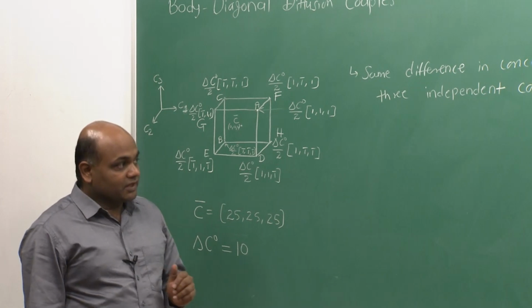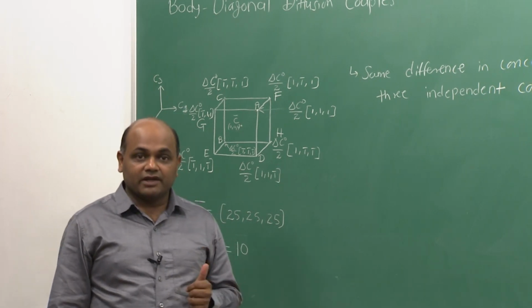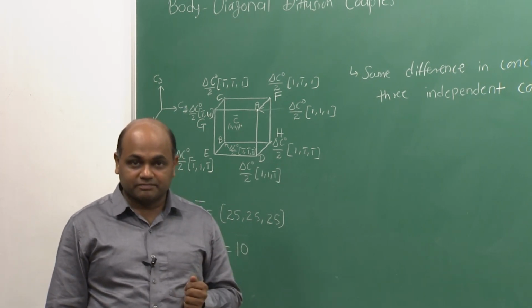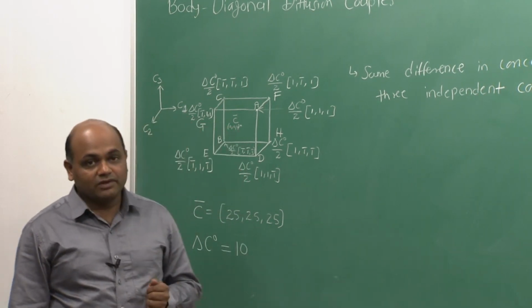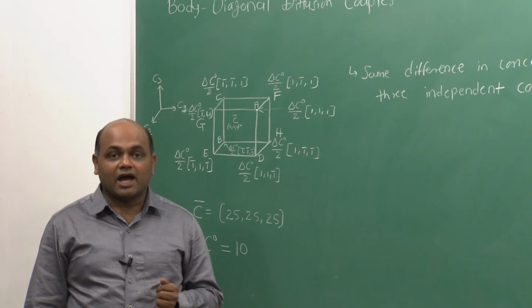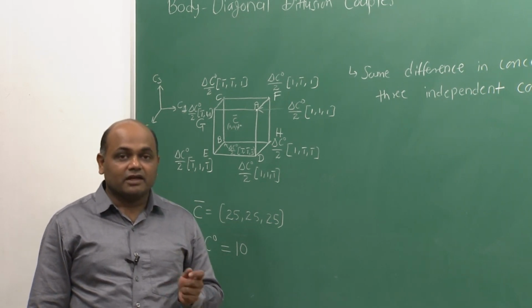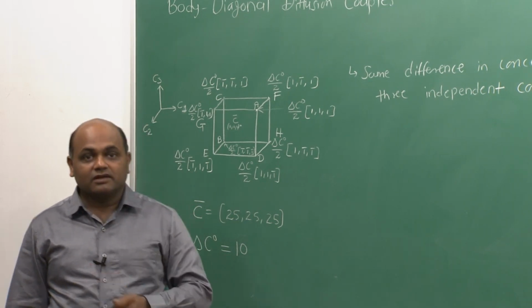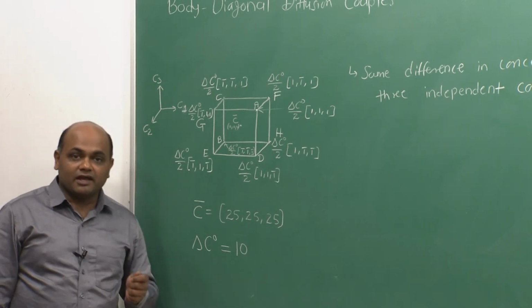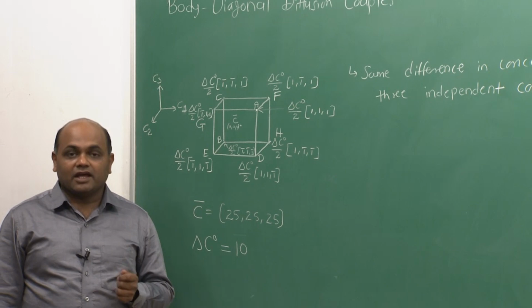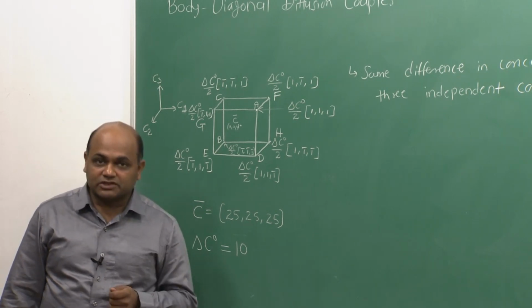This method we can extend even to quinary and higher order system. In principle, in higher order systems, we need to imagine the hypercube formed in n-1 dimensional composition space.